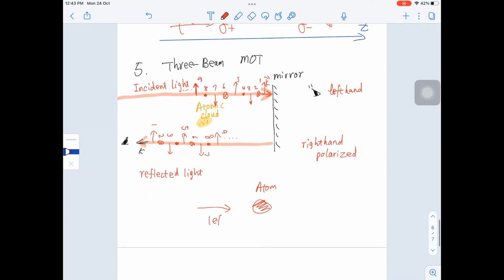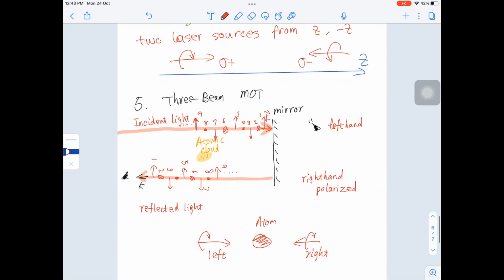The retroreflect is right hand. Can this form the MOT? The answer is no, because we already know they need to be the same handedness from both sides.